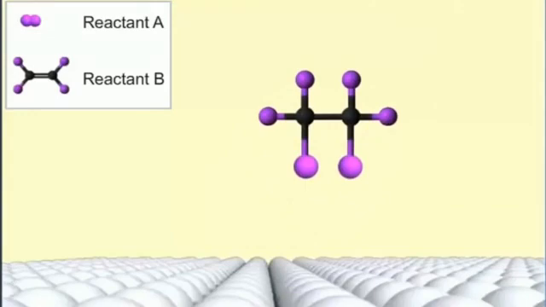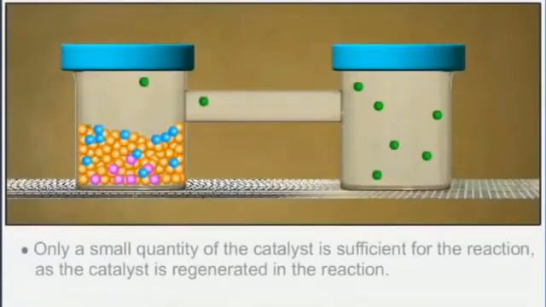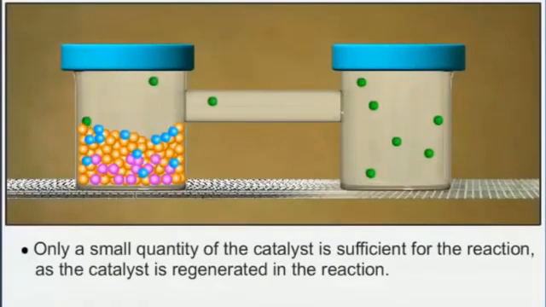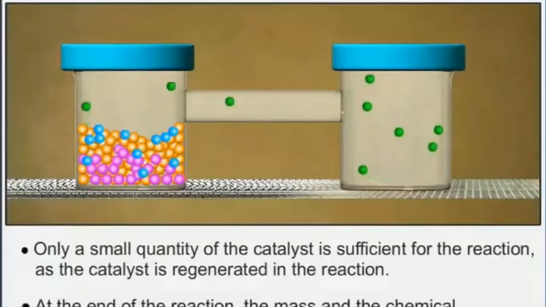The modern adsorption theory successfully explains that only a small quantity of the catalyst is sufficient for the reaction, as the catalyst is regenerated in the reaction, and that at the end of the reaction, the mass and the chemical composition of the catalyst remain unchanged.